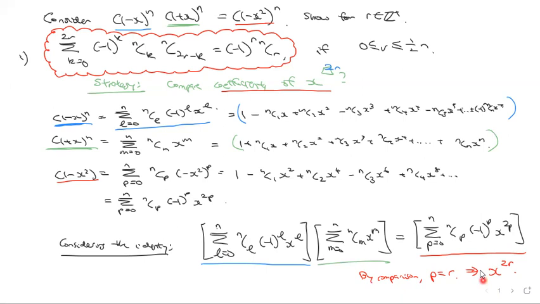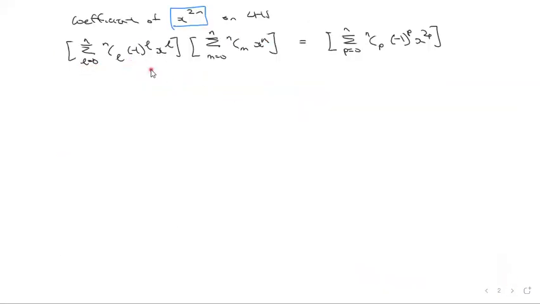So you're going to think about how you get that x to the power of 2r, and you basically take the power of x of the term you're multiplying by times the power of x. For a particular term, it's going to have the power x to the L. The Lth term will have that power, and the mth term will have that power. When you multiply them together, you get x to the L times x to the m, which is x to the L plus m.